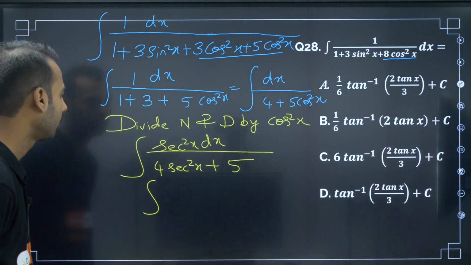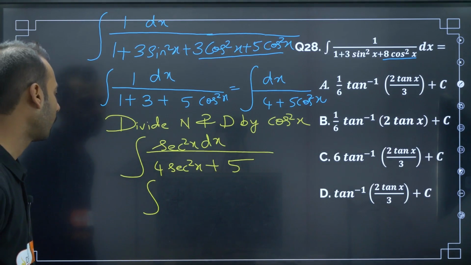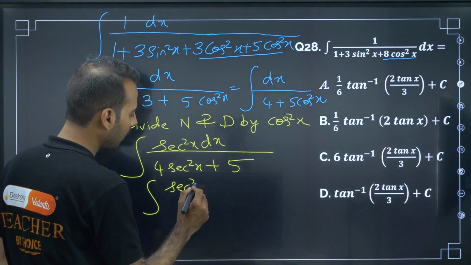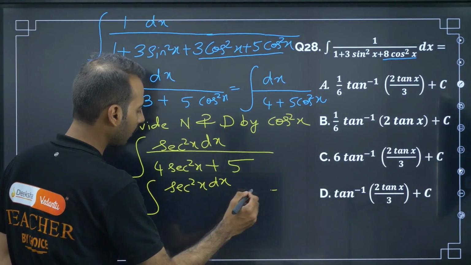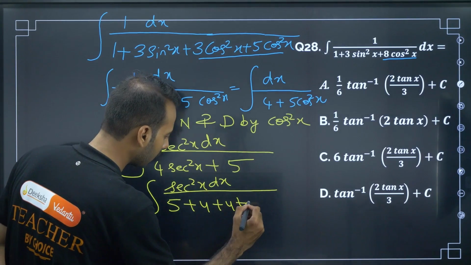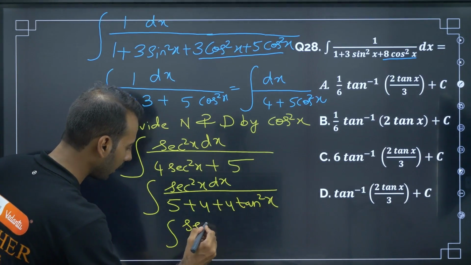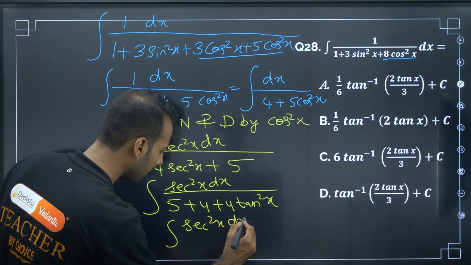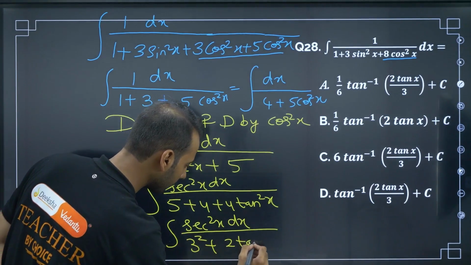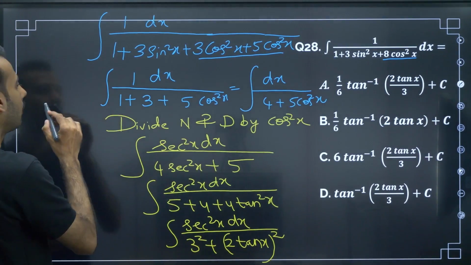I can write 1 plus tan square x. So this is secant square x dx by 5 plus 4 tan square x. Integration of secant square x dx by 3 square plus 2 tan x whole square.